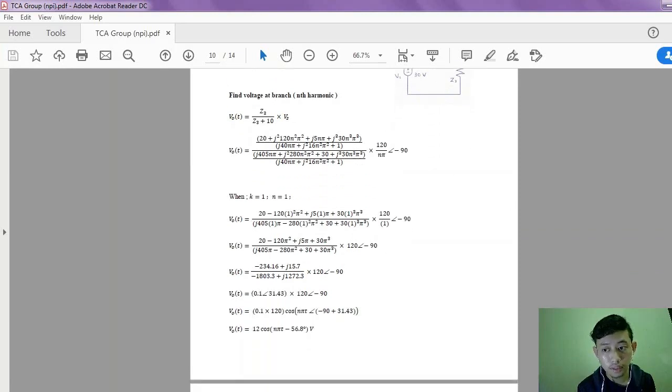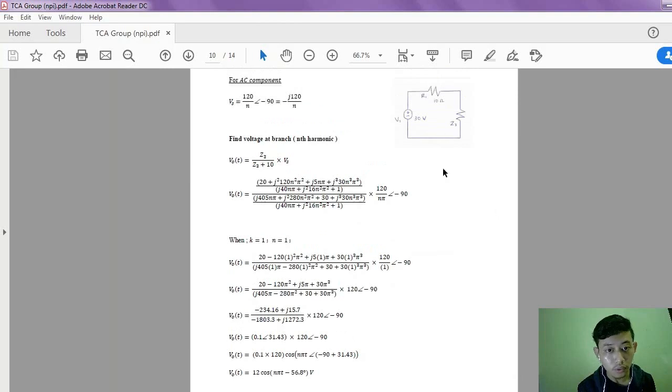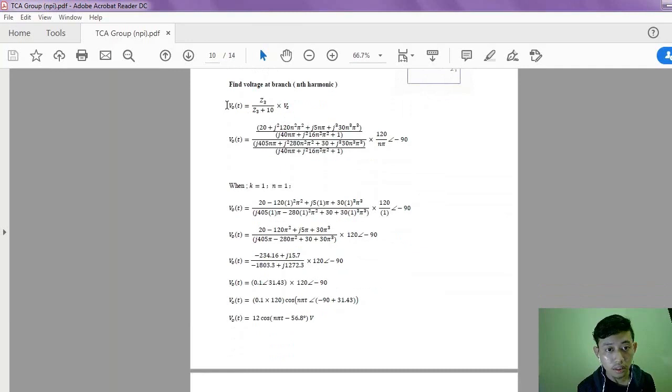And then, using the AC component, we just need to find the voltage at the branch. So we use the voltage divider.